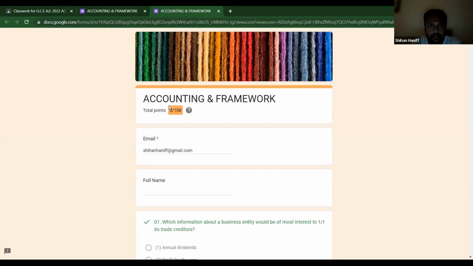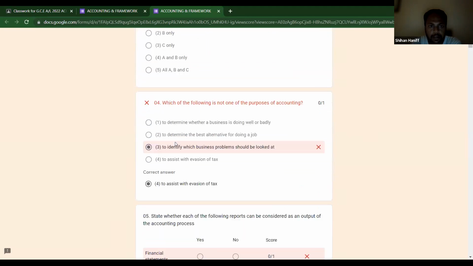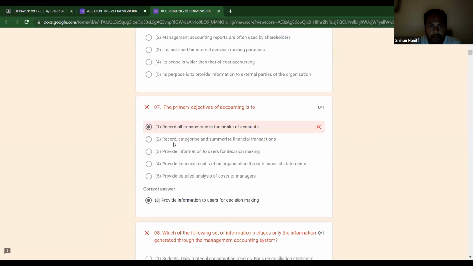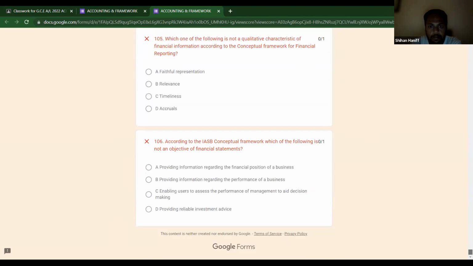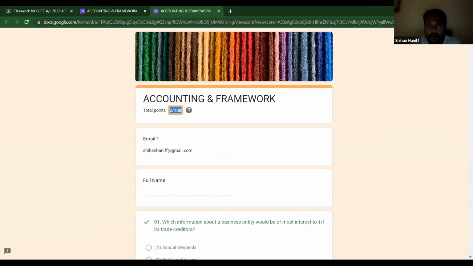Then you can see the scores. Total points you will get here, and you can see why the answers are wrong. We'll see how many marks you can get from 108.